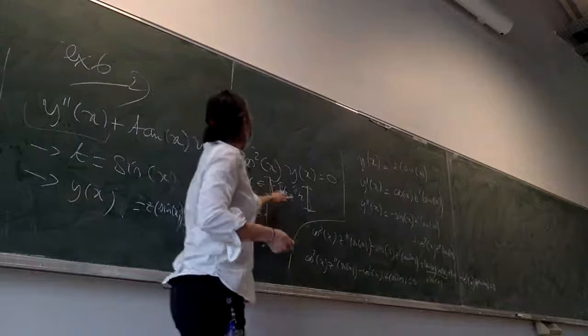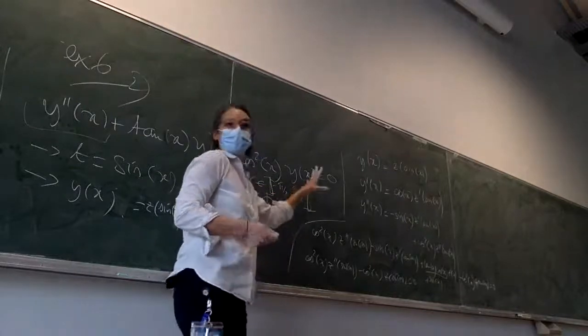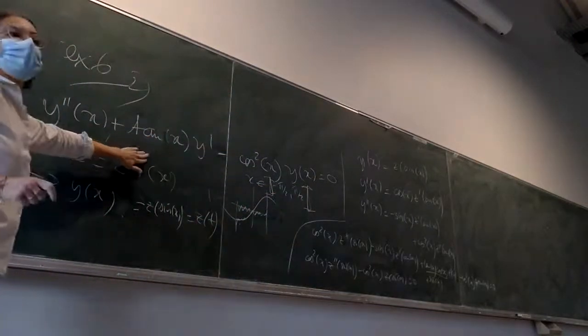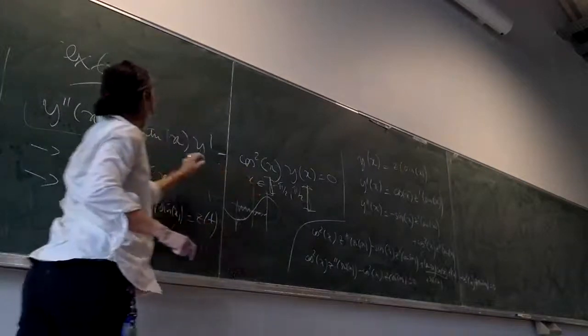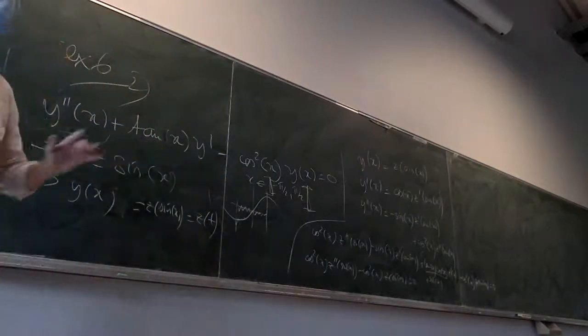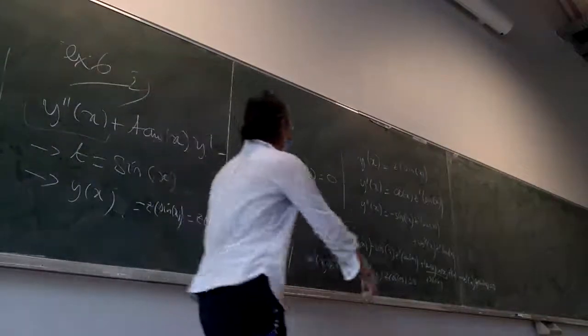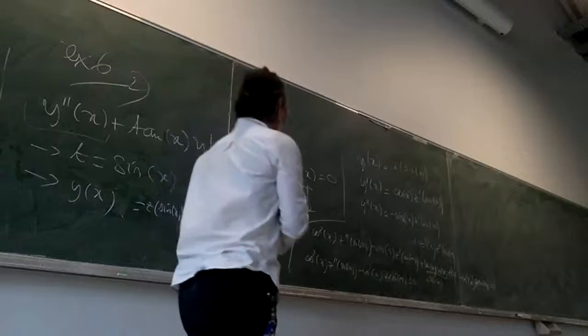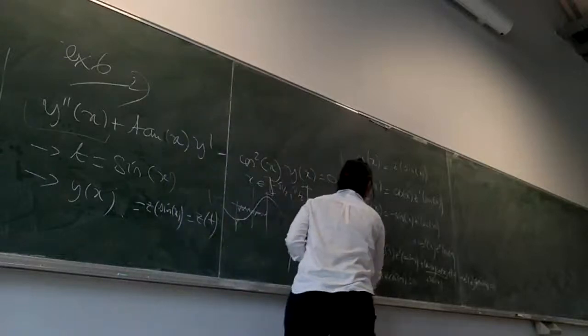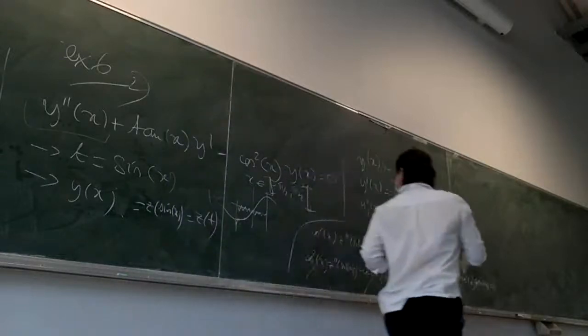As I have excluded minus pi over 2 and plus pi over 2, which was legit because I already had some tangent here. But again, this should have been said in the text of the exercise. I can divide my equation by cosine square because it's never going to be equal to 0. Okay? So my equation now becomes very simple.